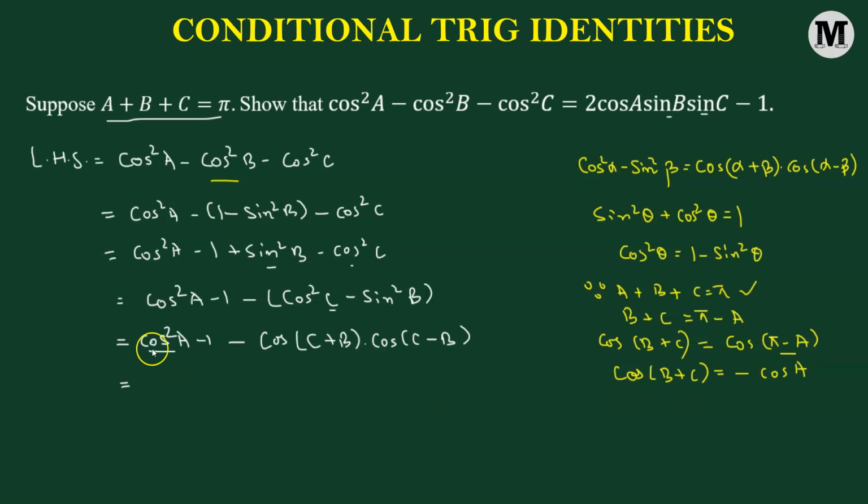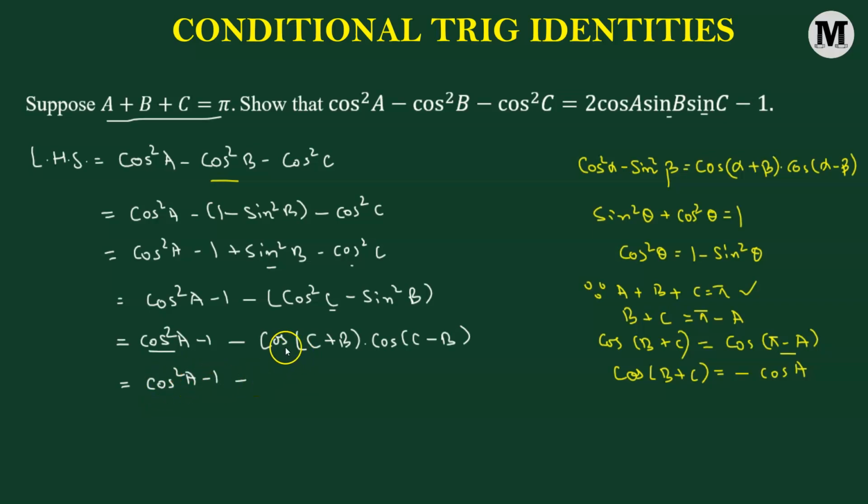Now what we can do, in place of this cosine squared A, we can replace it with cosine of B plus C. Let's do one thing. Let's keep it as cosine squared A minus 1.